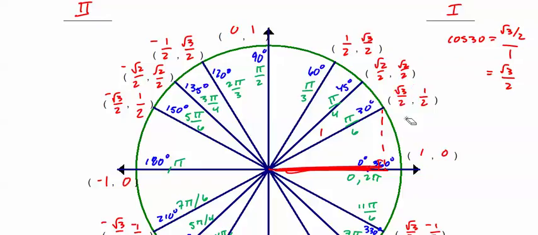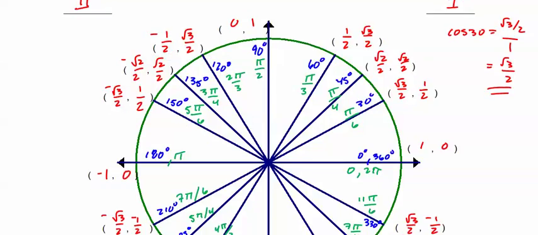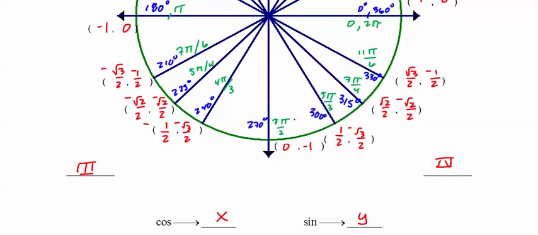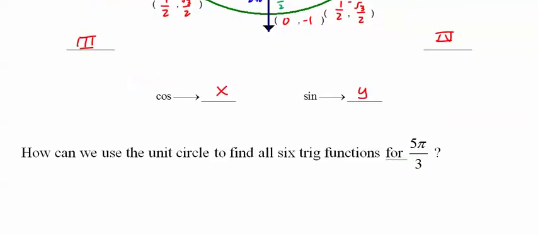So what I mean when I say cosine is x and sine is y is that you can now say the cosine of 120 degrees is negative 1/2. Sine of 3 pi over 2 is negative 1. It's just the y value. And that is the true power of the unit circle, although it does come in handy for lots of other things. You just start picking them right off.